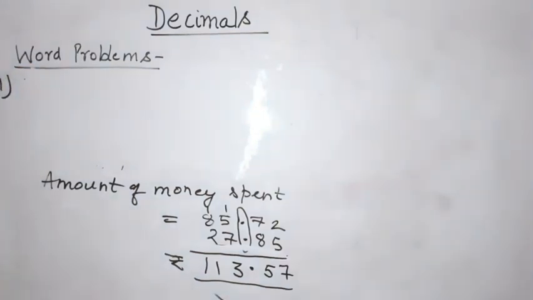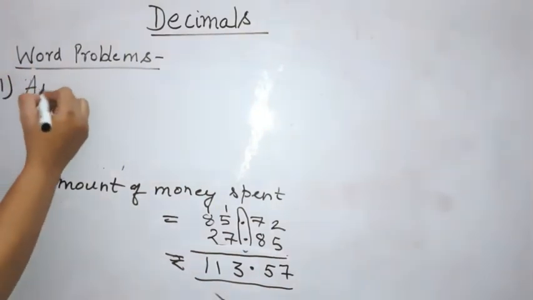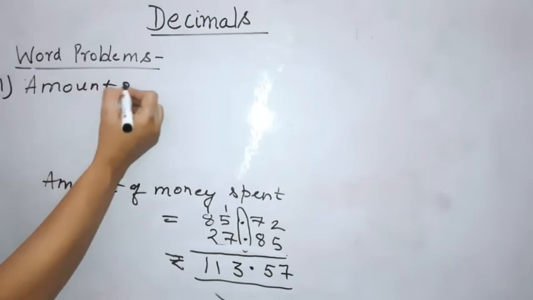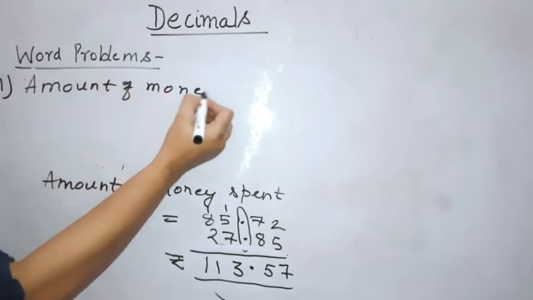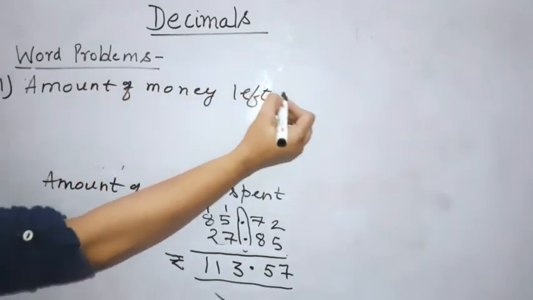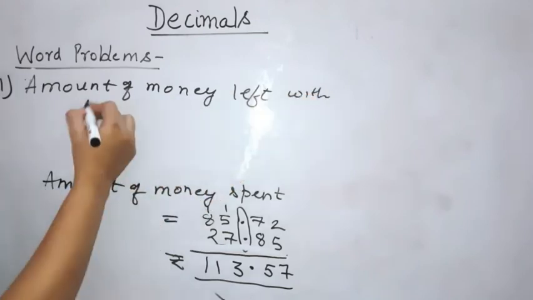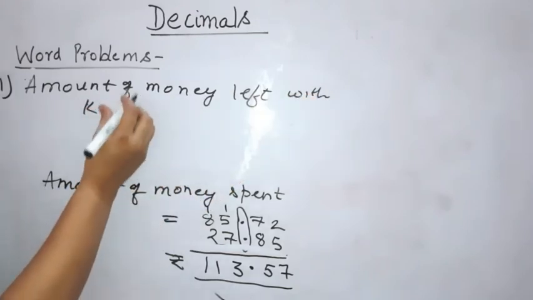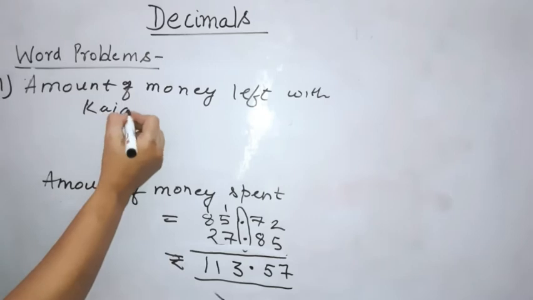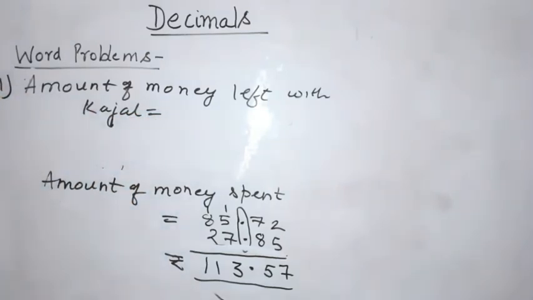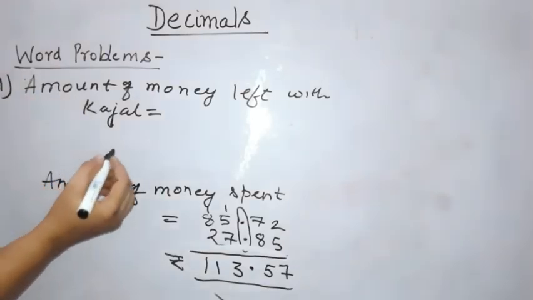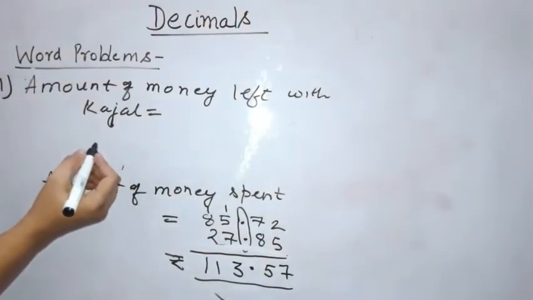Left means what we have to do in this question, students? Add or subtract? Kindly comment down in the comment section. What we have to do in this question? Add or subtract? Amount of money left with Kajal. We have to subtract it from the total amount. What was the total amount? 394.68.